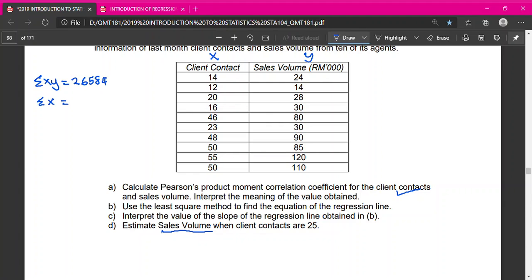Summation x, 334. Summation x square, 13970. Summation y, 611. Apa lagi kita nak? That's all, right? Then n, we know that n is 10.